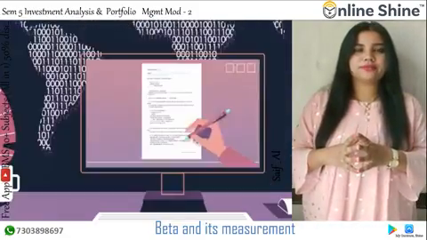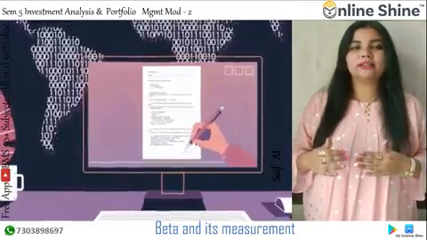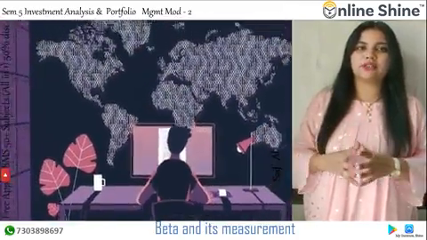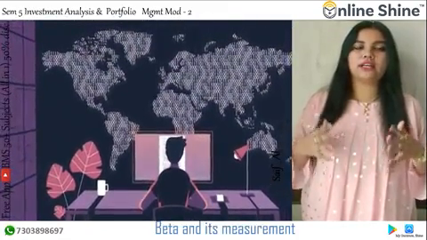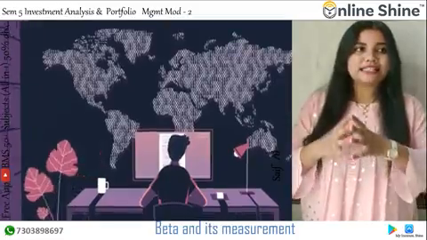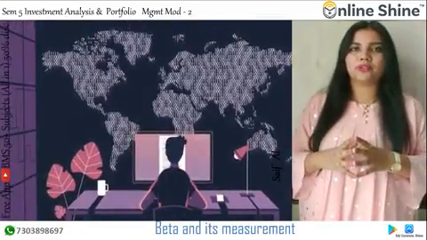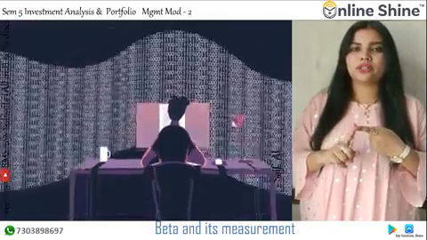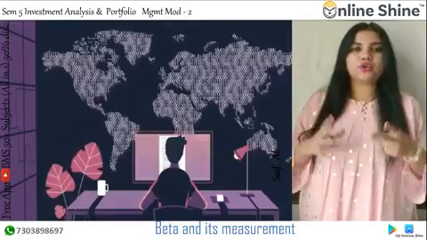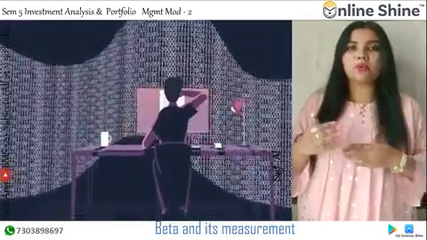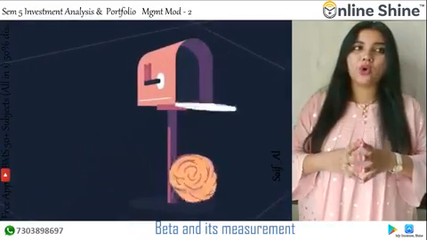Interpretation of beta. If we know the value of beta, we can interpret or measure the beta. For beta equal to 1, the risk associated with the individual stock is the same as the risk associated with the market portfolio. Now for beta greater than 1, it shows that the stock has more unavoidable risk as compared to the market as a whole.